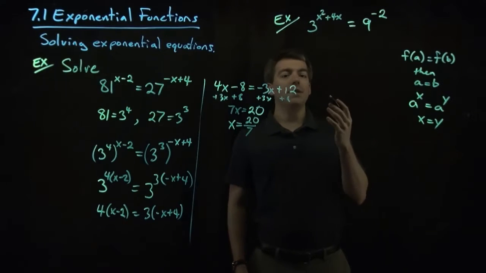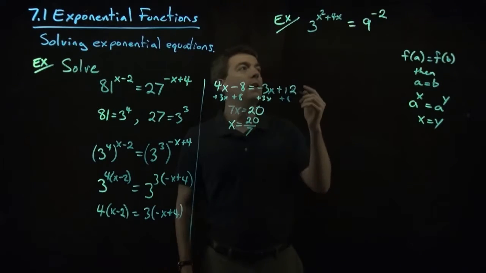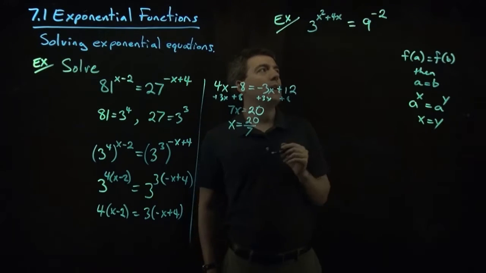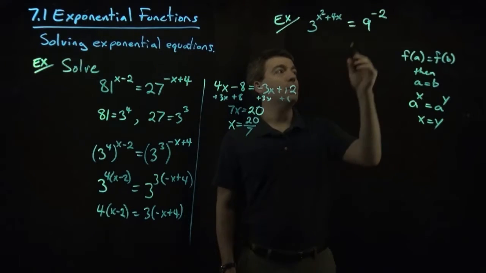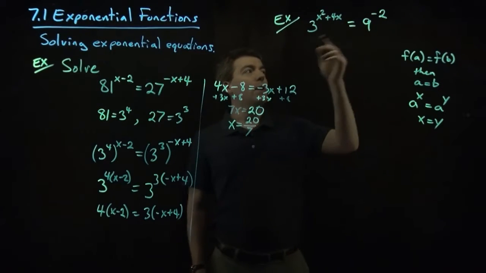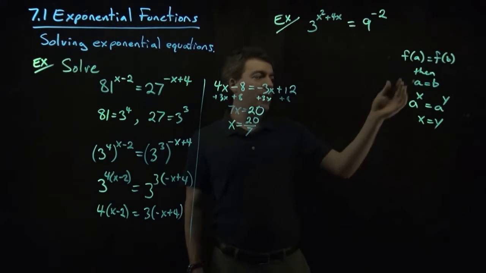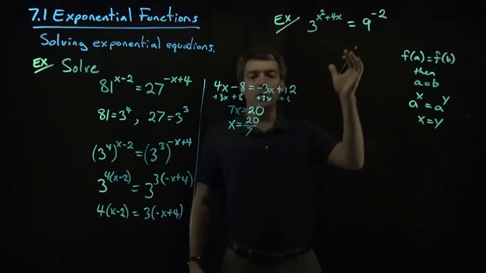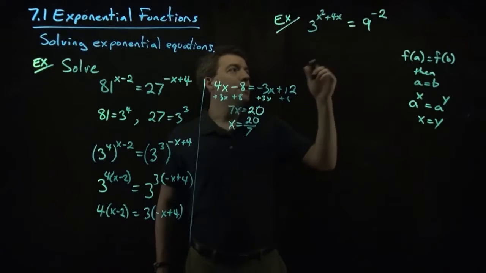All right, let's look at another example. We have 3 to the x squared plus 4x equals 9 to the negative second. Here we have a much shorter route to having the same base on both sides. We've got a 3 here and a 9, and we know 9 is 3 squared.